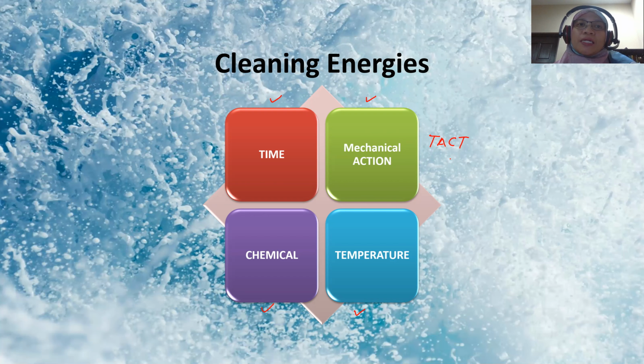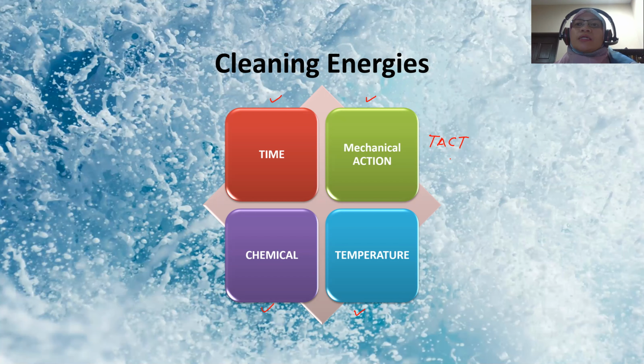Mechanical action can be generated by brushing, water jets, and turbulent flow in pipes. This cleaning action will transfer the cleaning compounds to the soil and accelerate the removal. A flow rate of about 1.5 meters per second is needed to create a turbulent flow inside a pipe.